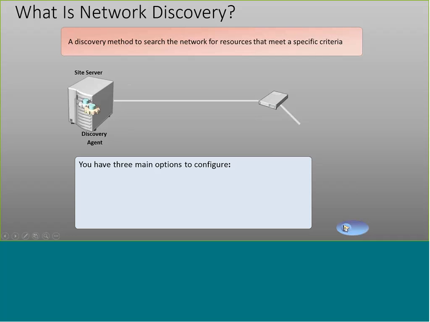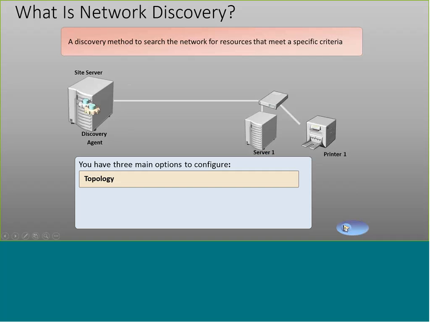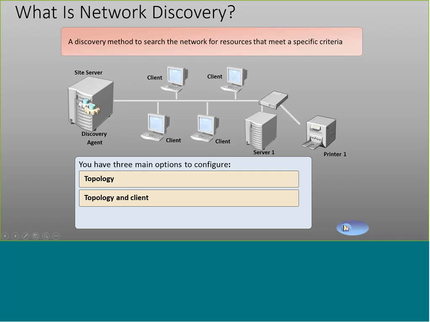So if I click play here, either you want to discover just the topology. So how many switches, routers, printers and servers there are. That does not include the client, but everything else that is offering a service in the network. And then topology and client, the next type of discovery, we can enable that too.